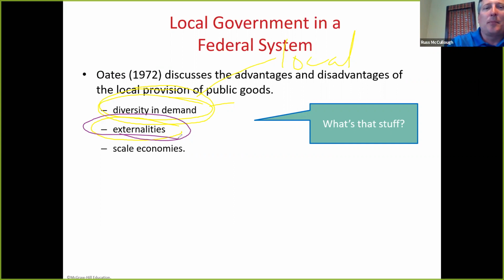Give me an example of an externality. Make it a positive externality. Give me an example where somebody had a positive effect from something that went on in your community related to maybe police, fire, education.